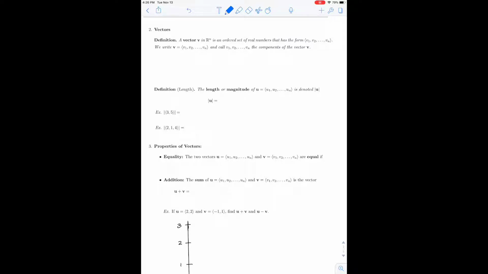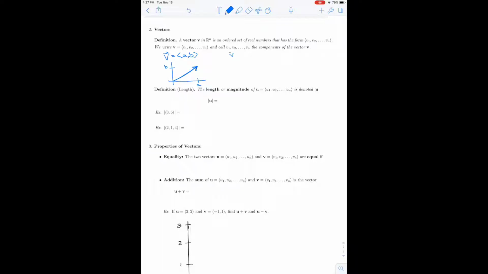An example of a vector v in 2 dimensions would be the vector ⟨a, b⟩. We can symbolize that vector by looking at the point (a, b) and then drawing an arrow that points to that point. And that would be the vector ⟨a, b⟩.